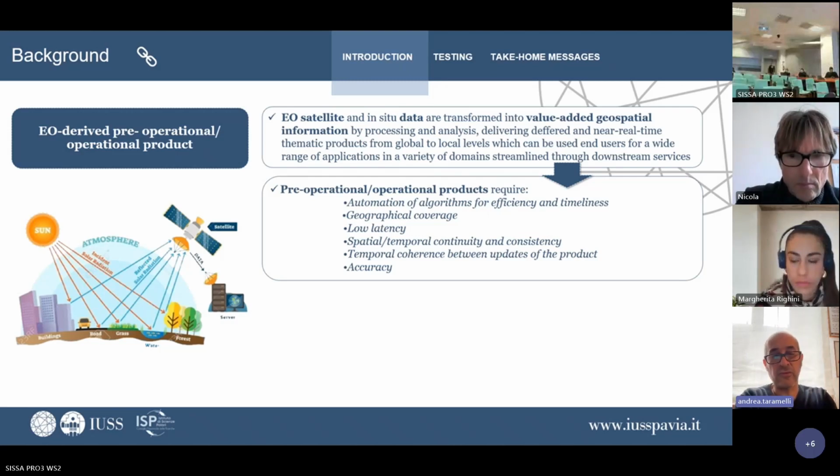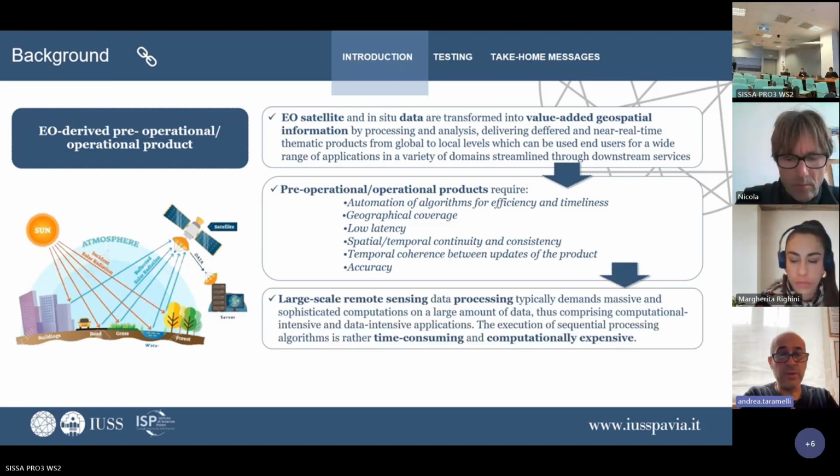Most of the issues at European level with Copernicus come from the fact that we are creating a giant archive of what we call Sentinel, but it's too big. So large-scale remote sensing data processing is already facing, at European level, the use of a rolling archive.